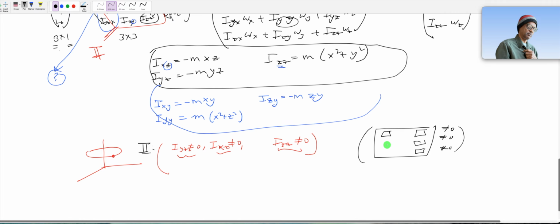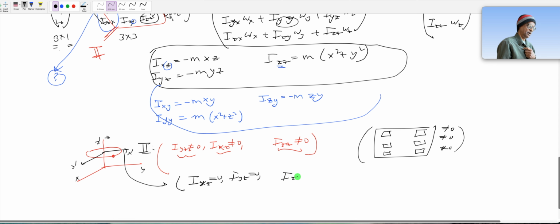Okay, just looking at that. So let's see, I choose this as a coordinate system: X prime, Y prime, Z prime. In this coordinate system, I_xz will be 0, I_yz will be 0, and I_zz will not be 0.